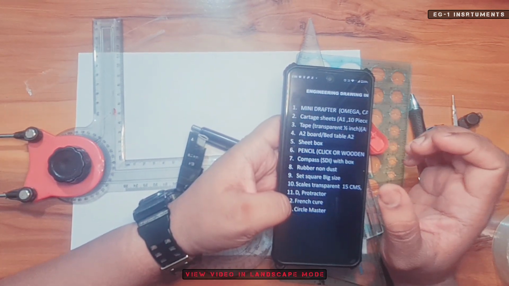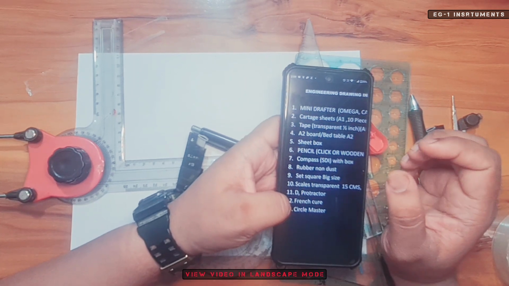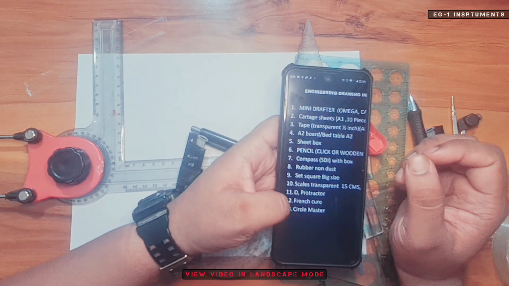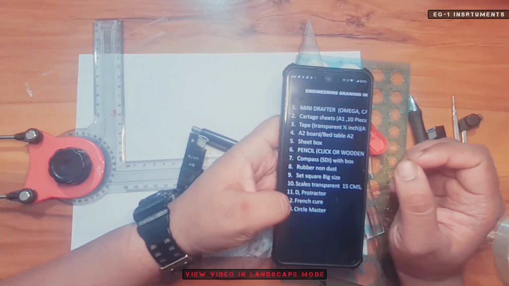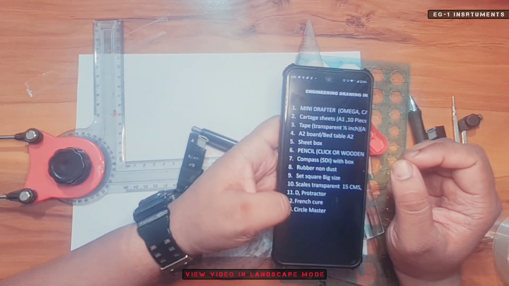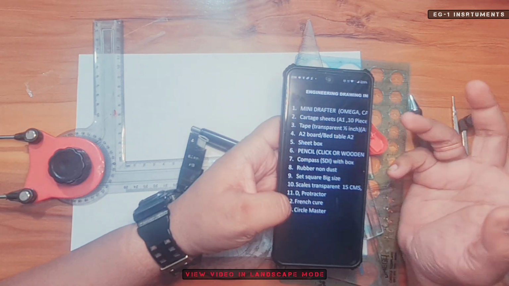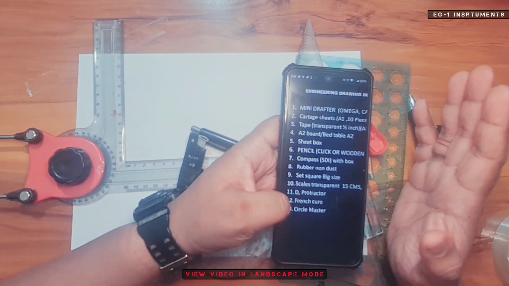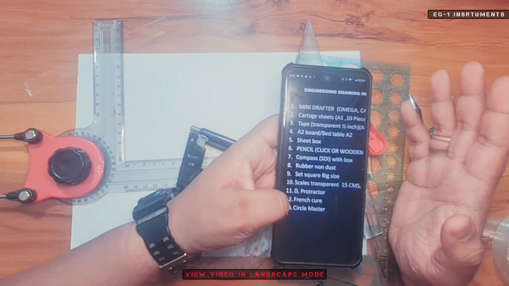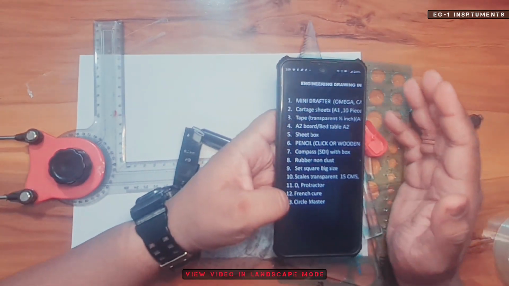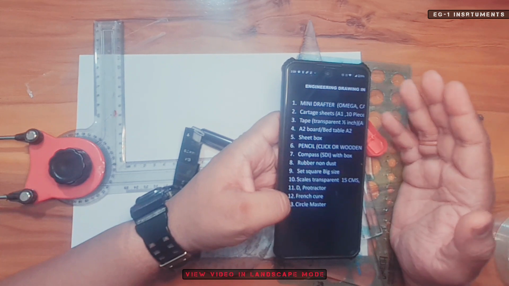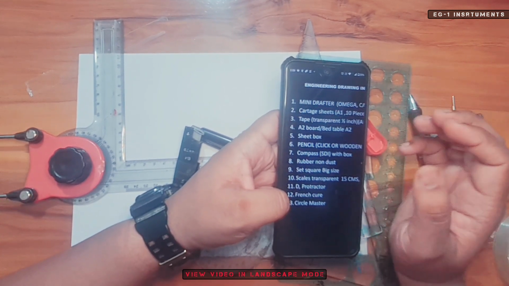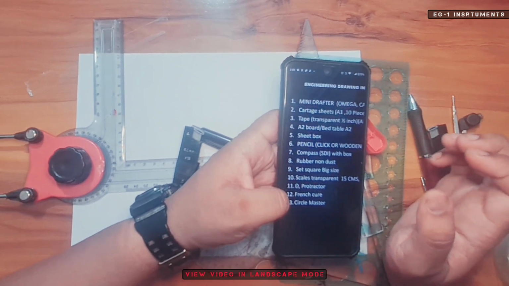There is a term called GSM that is used for the quality or density of the paper. The purer the paper, the higher the GSM. Like with printer paper, when you purchase a bundle, you will find a GSM value written on it.